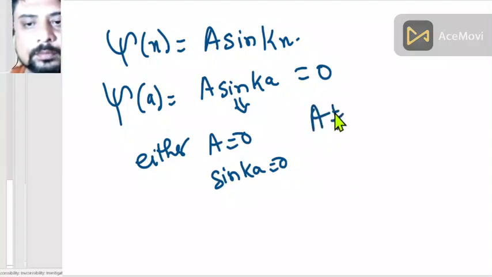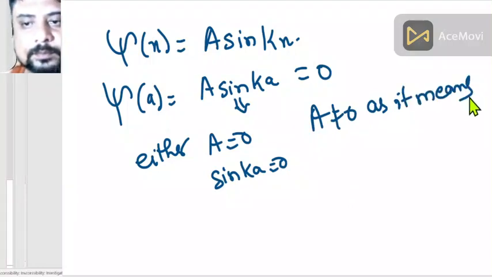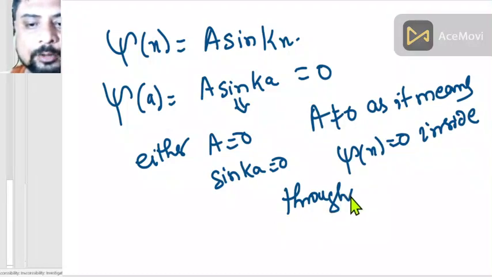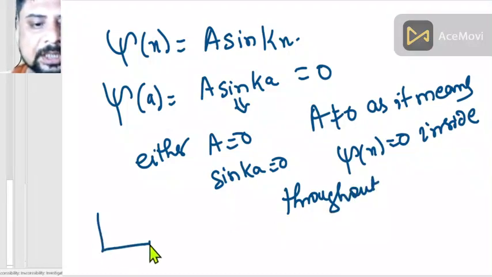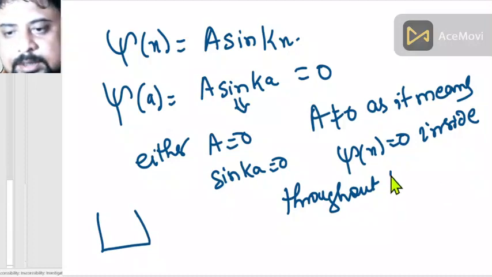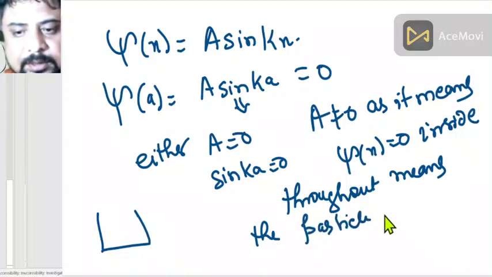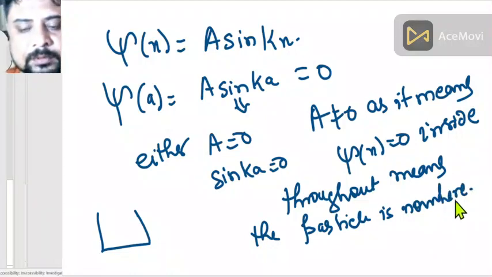If psi x is equal to 0 inside the region x equal to 0 to a, this means the particle is nowhere there, but we know that the particle is in between x equal to 0 and a. So A cannot be 0, as it means psi x is 0 throughout.